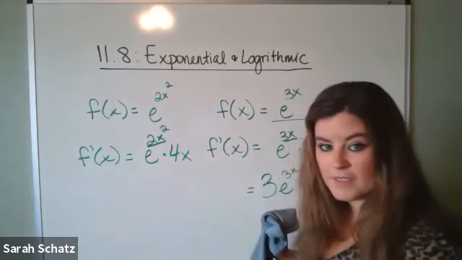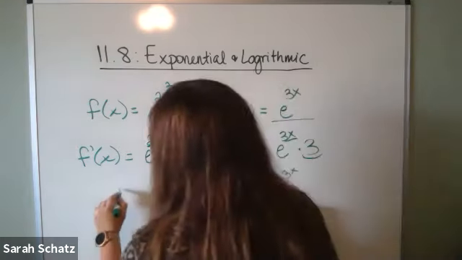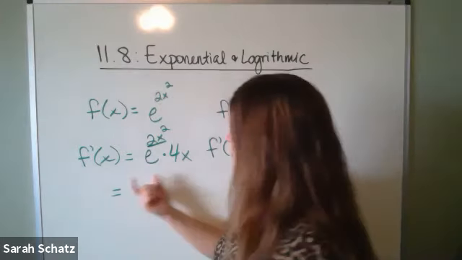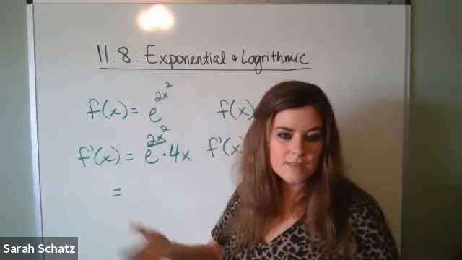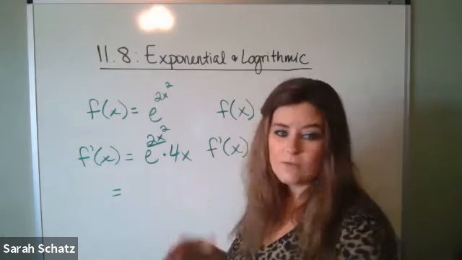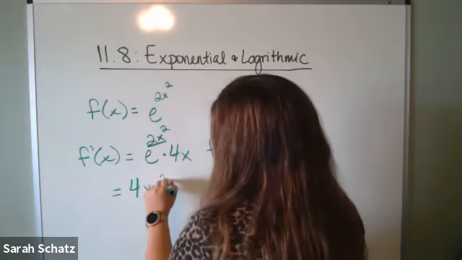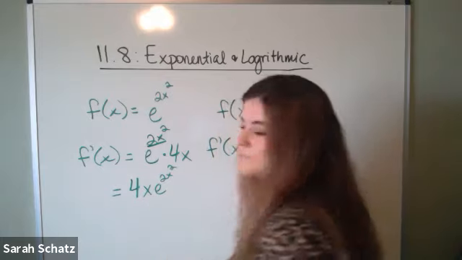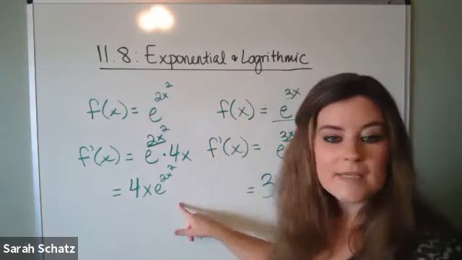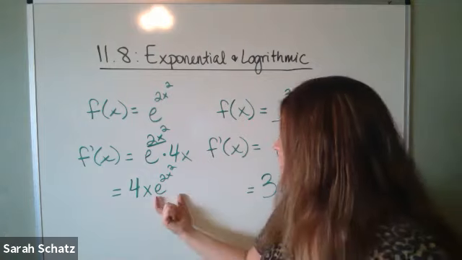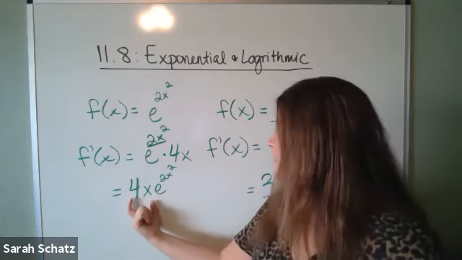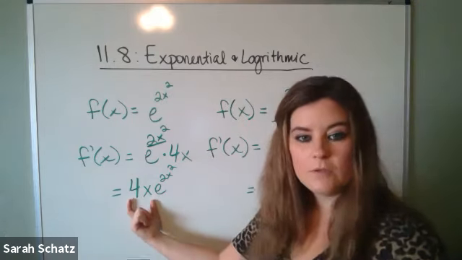And I stick it on the end. And that's it. I usually like to put the x terms in front of the e's too. You can write it like this. That's totally fine. I would write it as 4x e to the 2x squared. But either way, that's saying the same thing. So here's the exponential part. This is what we got from the chain rule.